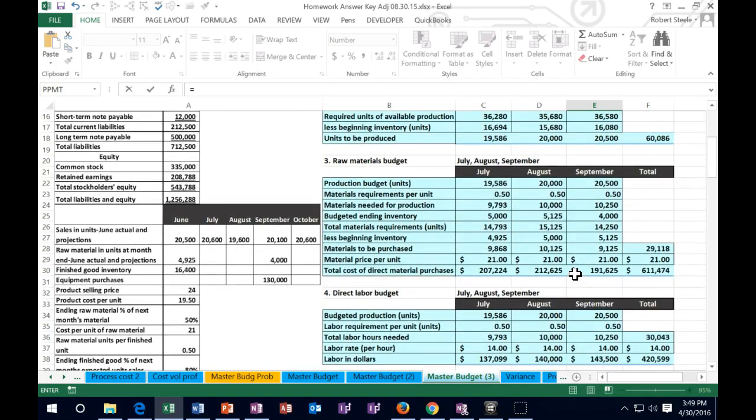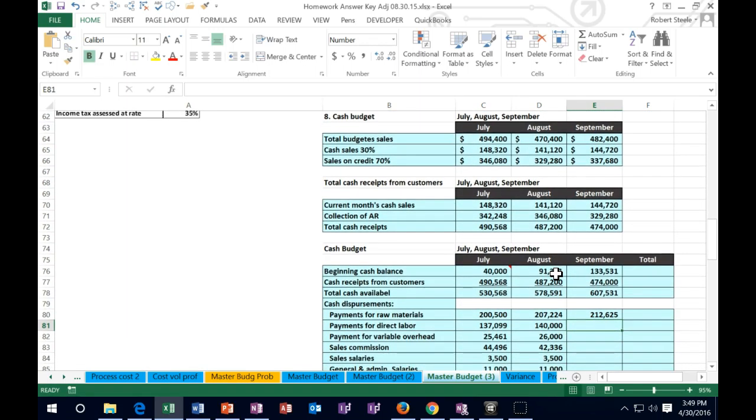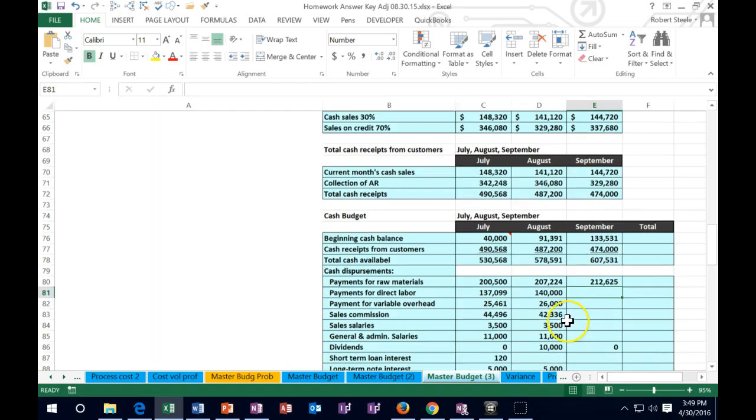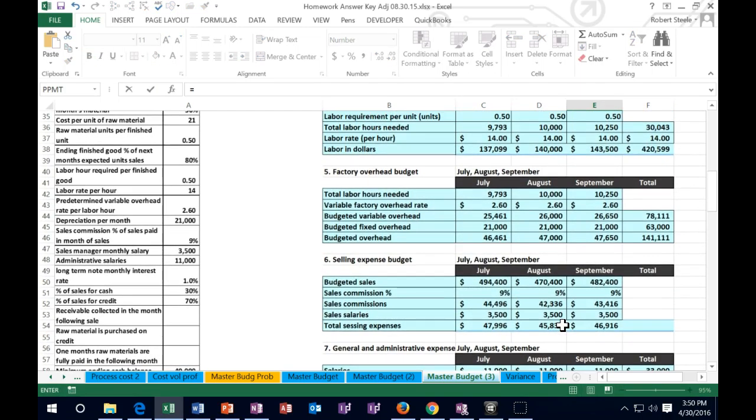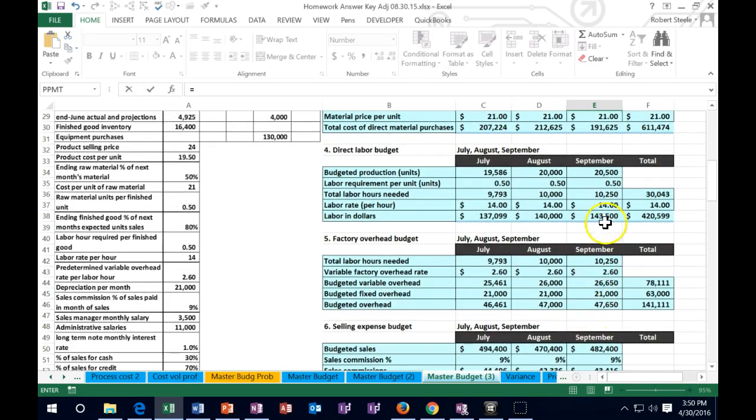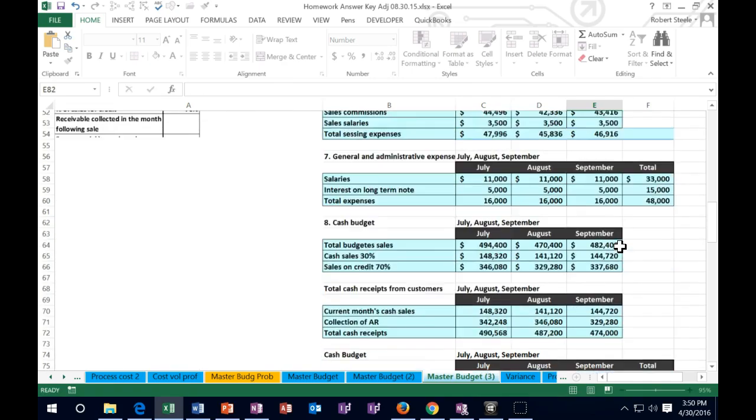And once again, it's kind of tricky on this one because remember, we're going to pay for the stuff we purchased in August because it's going through the accounts payable. So raw materials is going to be that 212. Then we have the direct labor equals, and we're just going to scroll up to where we calculate the direct labor. That one is straightforward. We're just going to pick up the September number, which is the 143.5, and enter.